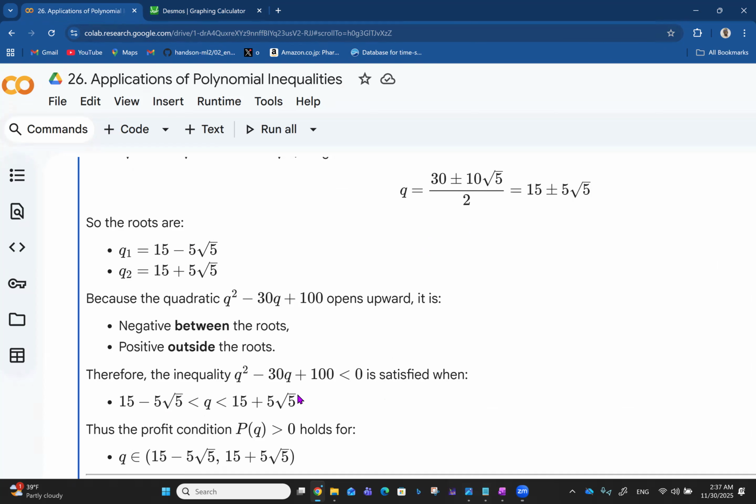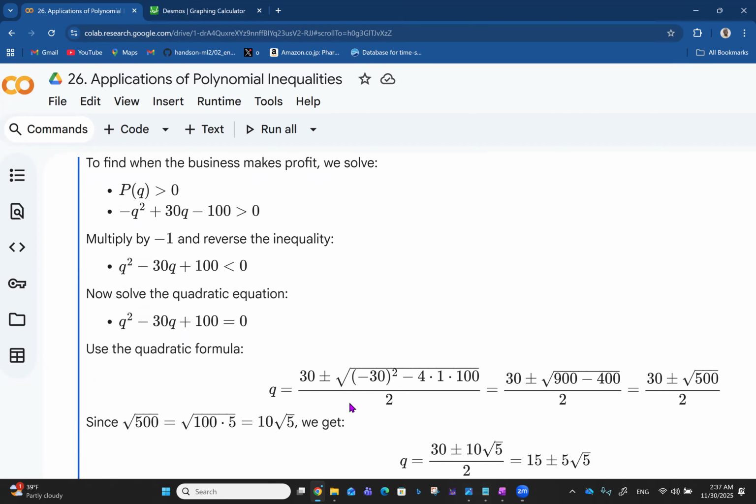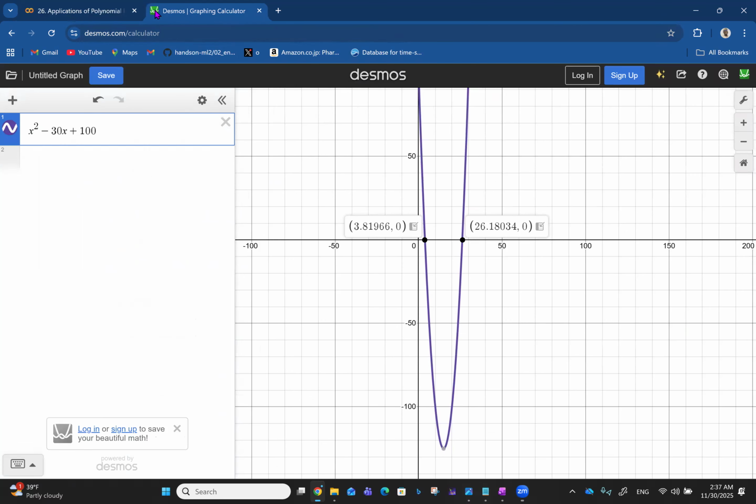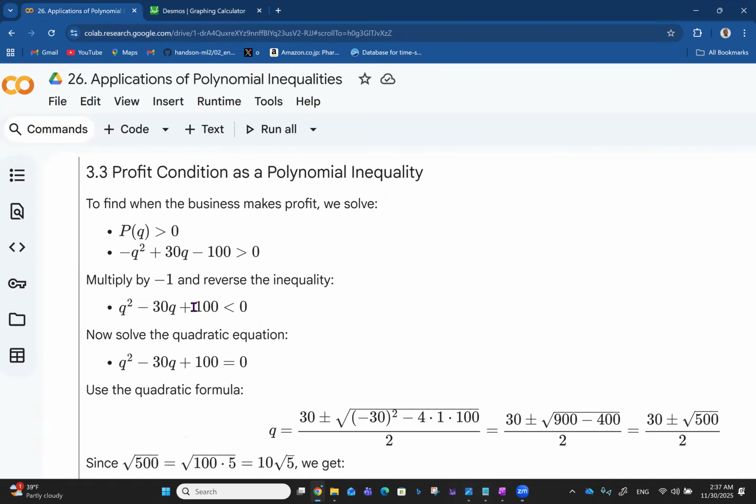That is if you are talking about loss. Does the profit equation P of Q have to be greater than 0? In that case, Q is an element of this. For profit, based on the problem itself, we want this to be less than 0.